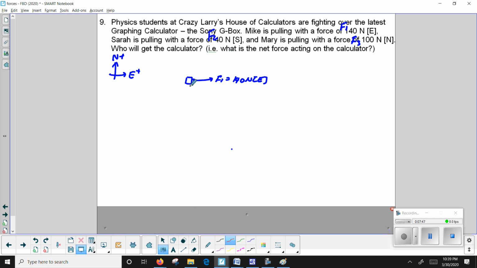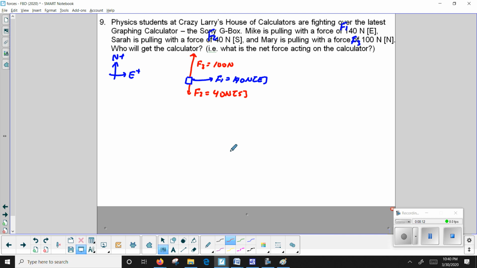I'm going to use a different color for the vertical components. There we go. This person's pulling down to the south. The last person is pulling upwards towards the north with a force of 100 newtons.